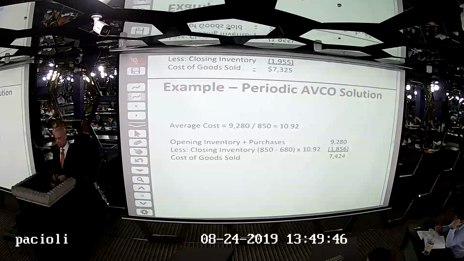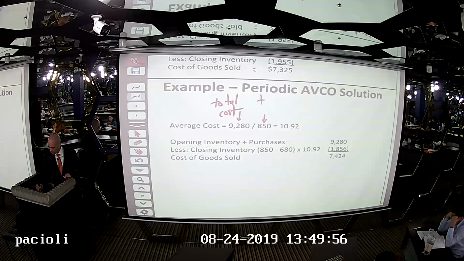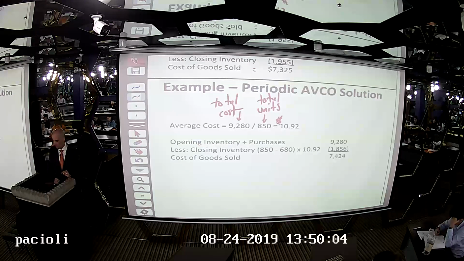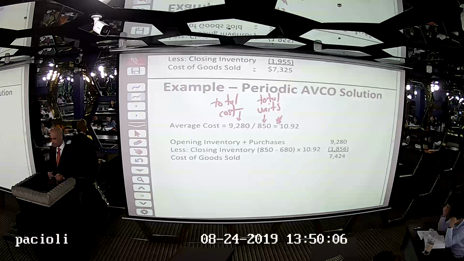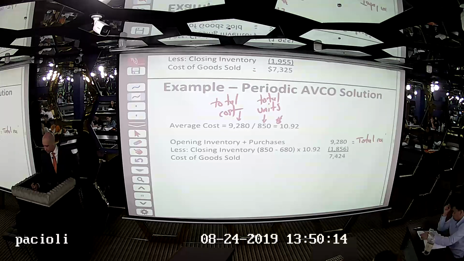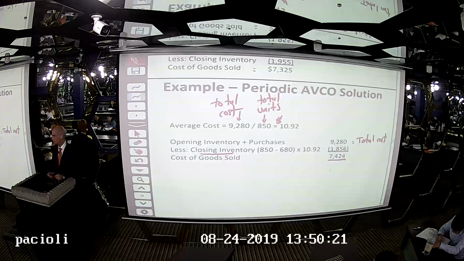For the average inventory, we take the total cost divided by the total units, and that gives us the average cost. And then again, we take the total cost minus the closing inventory, and that gives us the cost of goods sold.